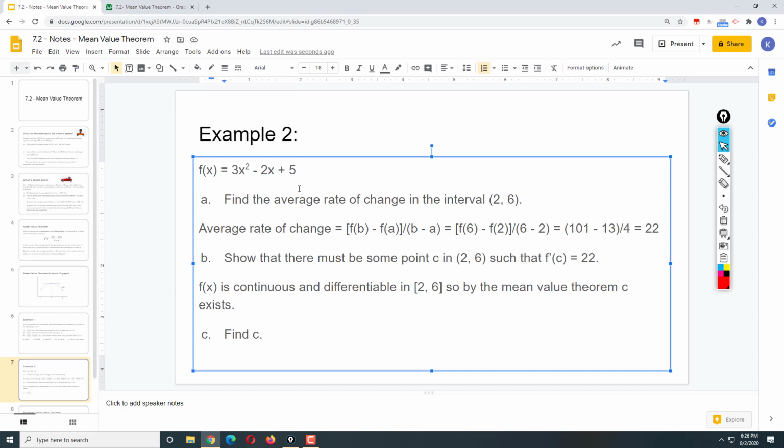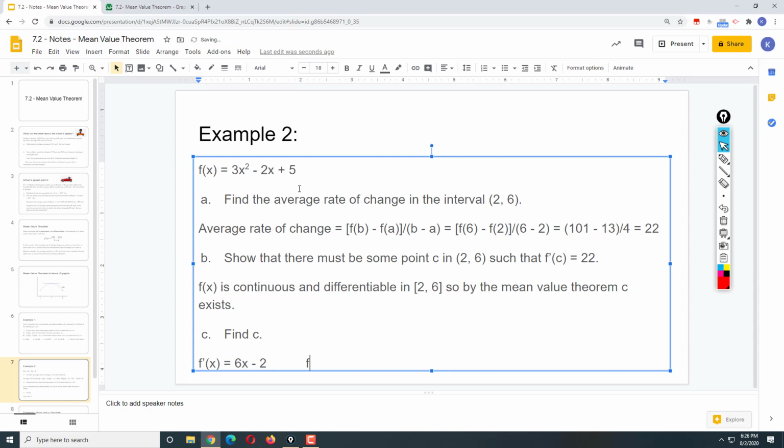Well, if it exists, part C says find C. Okay. Well, we know that f prime of C is 22. So let's take the derivative of our function. The derivative of 3x squared is 6x. The derivative of negative 2x is minus 2. The derivative of plus 5 is 0. So f prime of x is 6x minus 2.